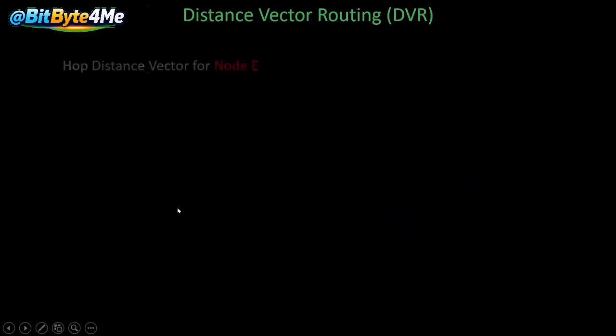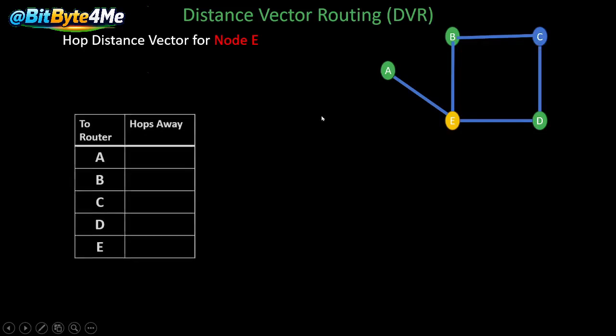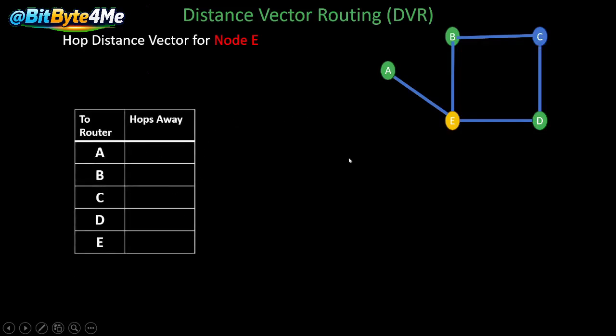So how to do it: first of all we calculate the hop distance vector for node E. We will check all the other nodes which are connected to E. A is connected, B is connected, D is connected, but C is not connected. So we have to tell the cost, or distance, from node E in hops.